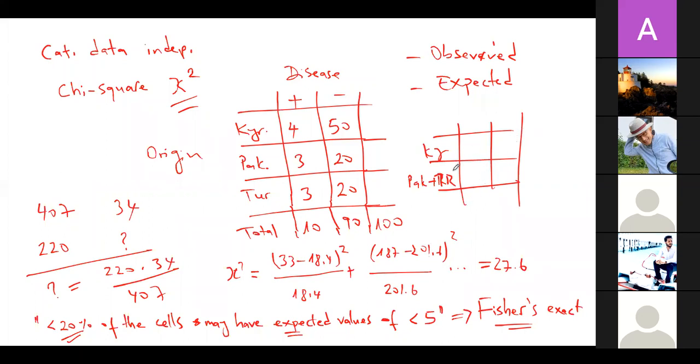But of course, combining Pakistani and Turkish would make no sense and you would be criticized for that. You should make rational merging. Here, it is not rational. There is no logic behind merging these groups.